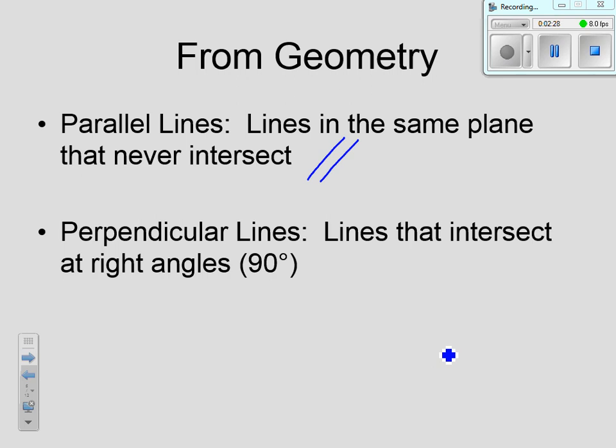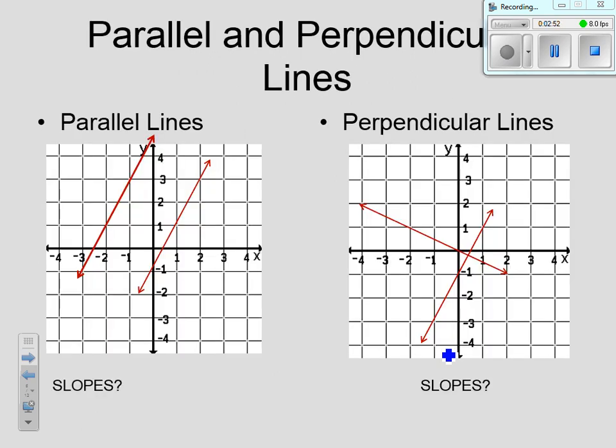Perpendicular lines do intersect, but they intersect in a special way, at a 90-degree angle, which makes them right angles. The symbol that we use for perpendicular is that kind of upside down capital T.